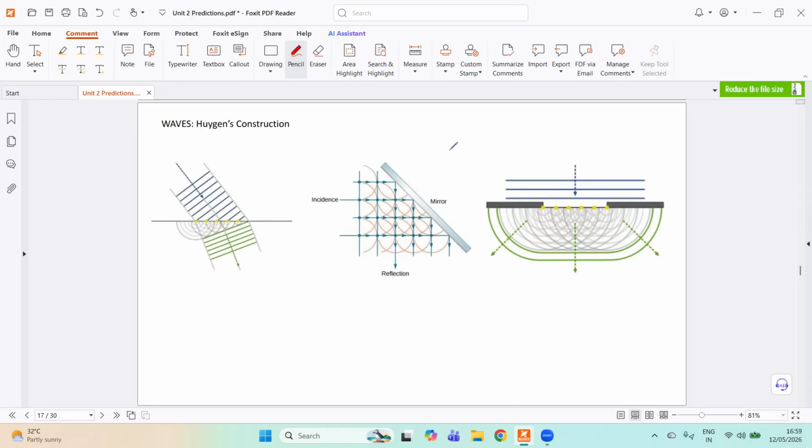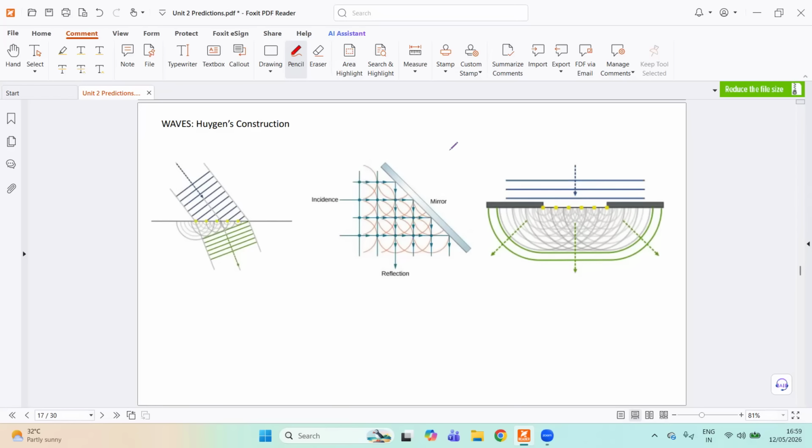And this is also a likely topic that might appear in your exam, that is Huygens construction. So you see the three phenomena, right, that can be explained using Huygens construction: refraction, reflection, as well as diffraction. In any situation, you just recall what Huygens construction is.